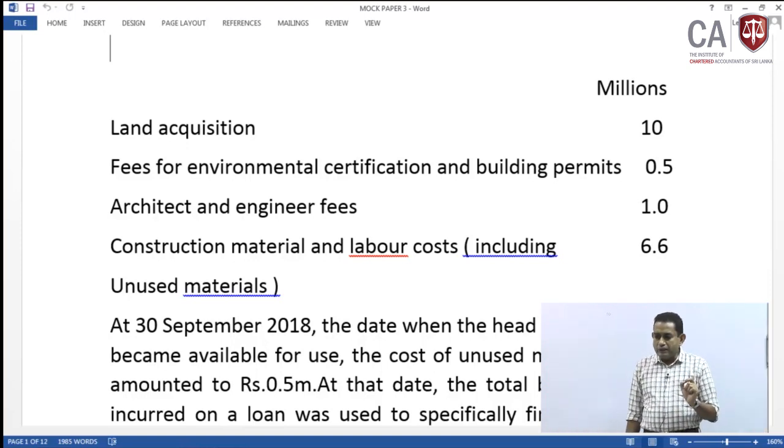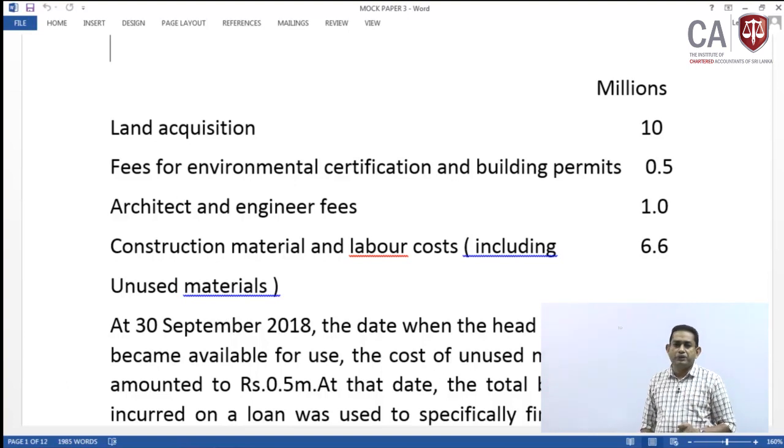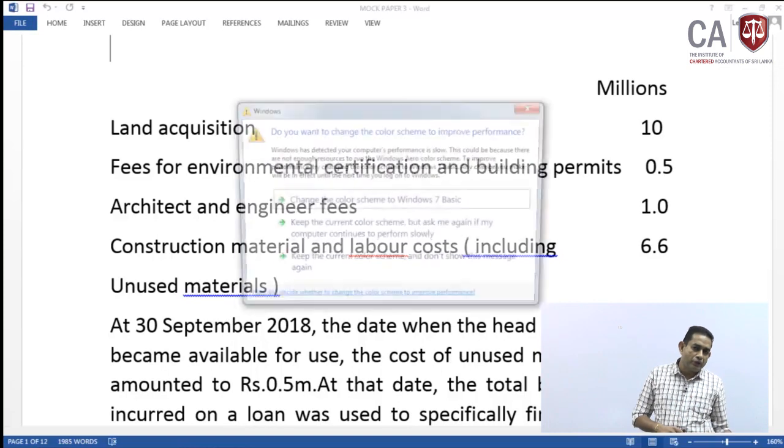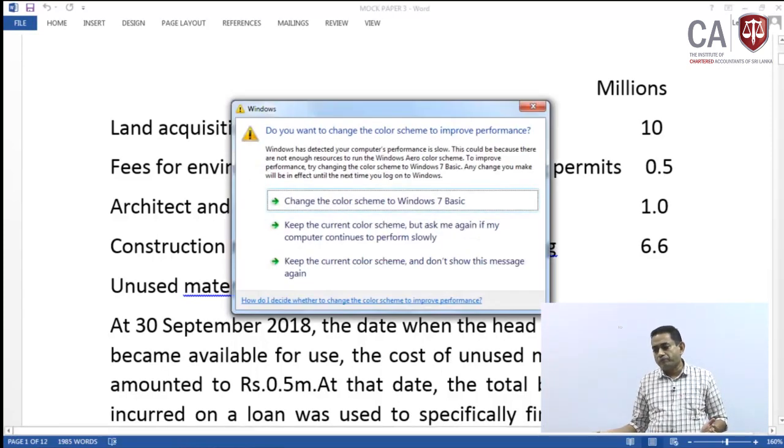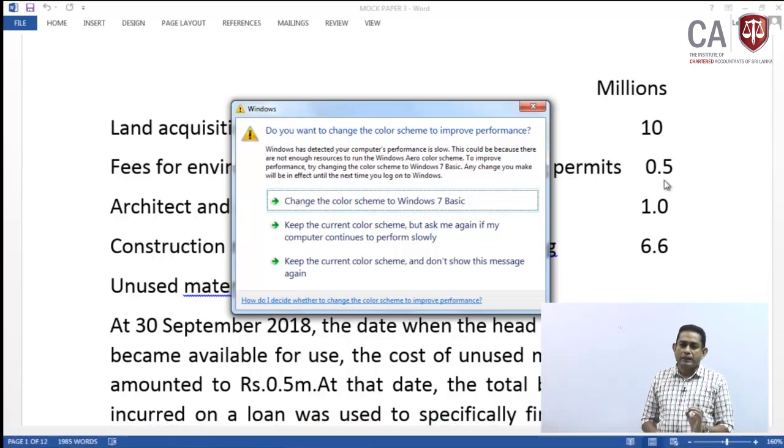Fees for environmental certifications and building permits: if it is within the urban area, just because you want to construct the building, you can't do it on your own accord unless you get the permission and the approval from the authorities concerned. So, even that is a directly attributable cost. If not for the construction, this cost does not arise. You start constructing the building, that cost arises.